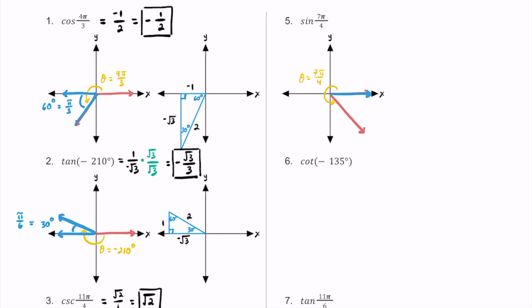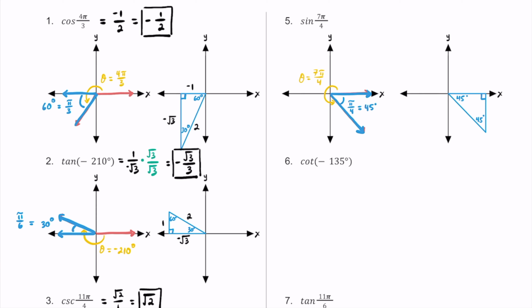It's this acute angle that is formed in relation to the x-axis, so this right here would form my reference angle, and I think it's going to be pi over 4 away from the x-axis, or also known as 45 degrees. Notice how we can draw an isosceles right triangle, which is a 45, 45, 90 right triangle. Let's go ahead and do that on the side and use those ratios of their side lengths to figure out what sine of 7 pi over 4 is.